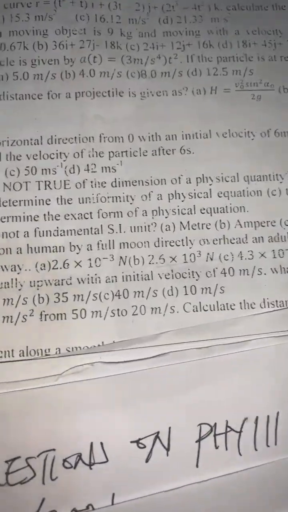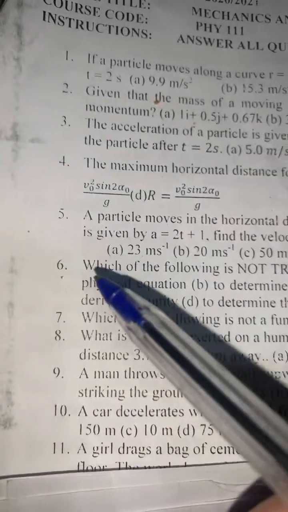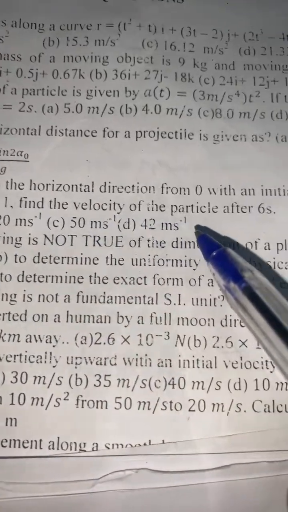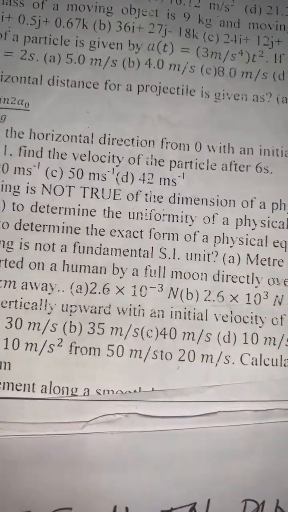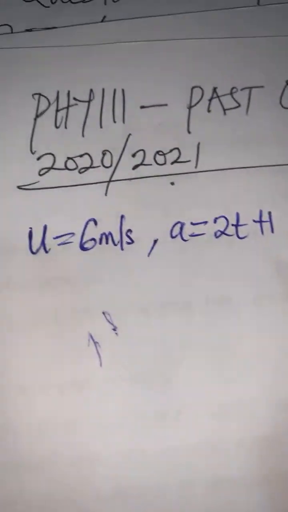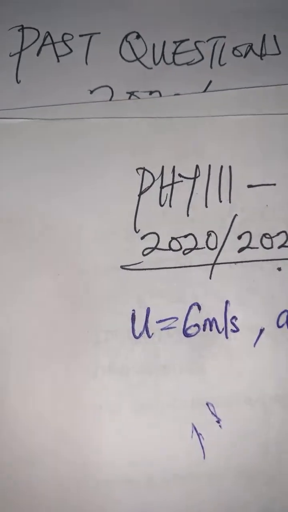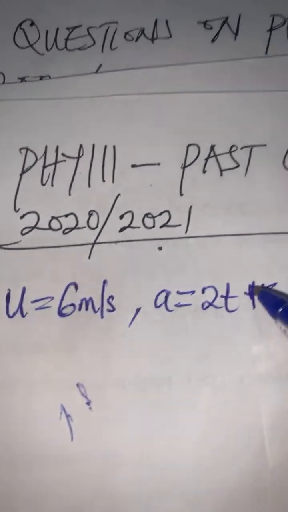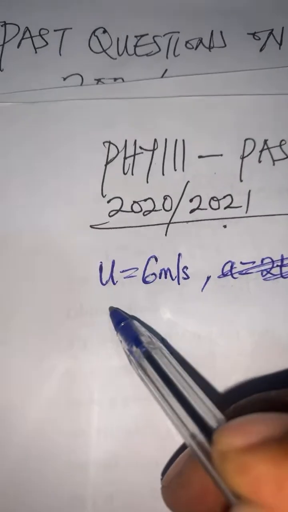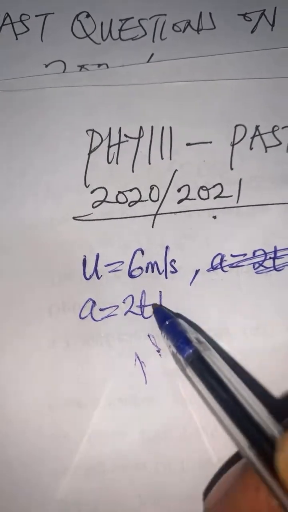So we are asked to find the velocity, right? We are talking about this question 5. You are asked to find the velocity of the particle after 6 seconds. We have a equal to 2t plus 1.